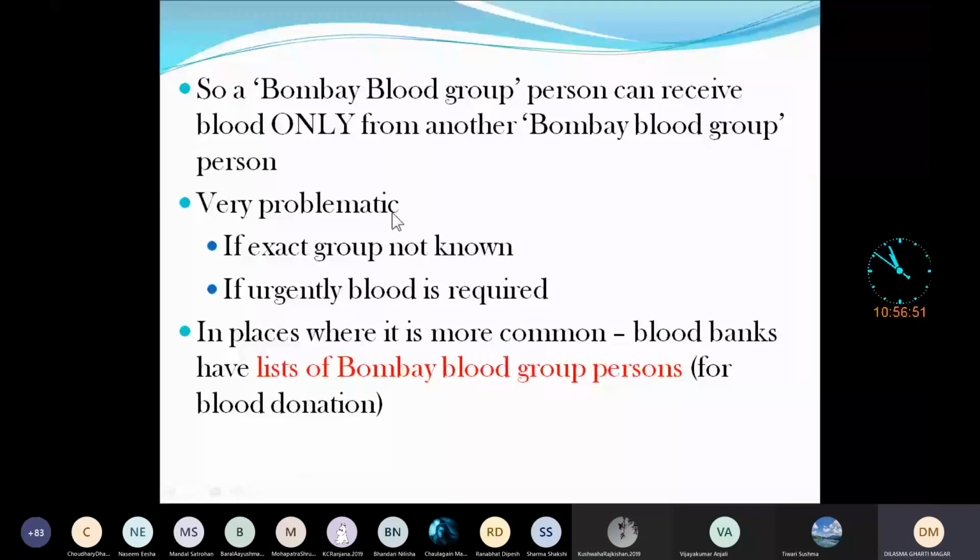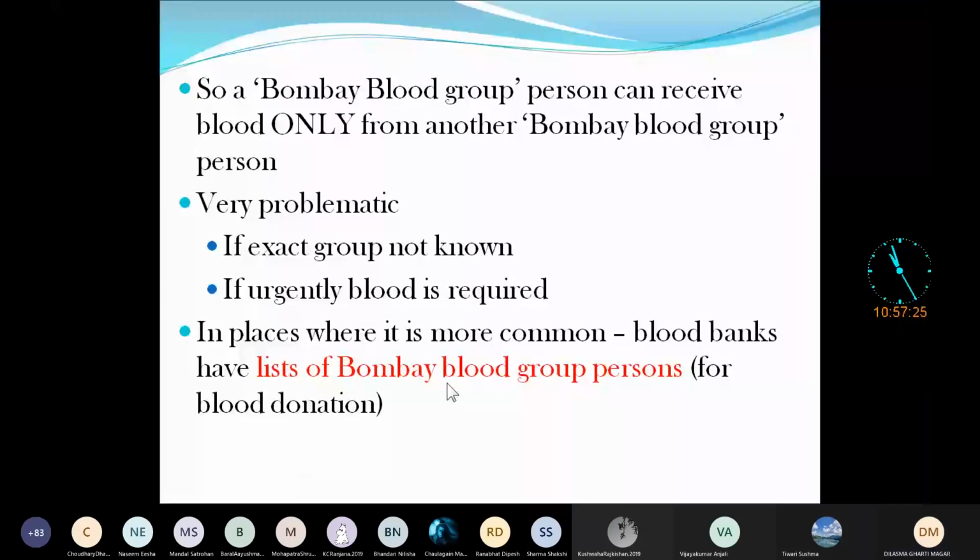Because they will show it as the O blood group. And if the person requires an urgent blood transfusion, where to find the Bombay blood group? Suppose here in Nepal somebody has the Bombay blood group, then how to find it? In places where it is more common, like the Mumbai blood banks, they will still have a list of Bombay blood group persons. Whenever one is identified, it is very precious, isn't it so?